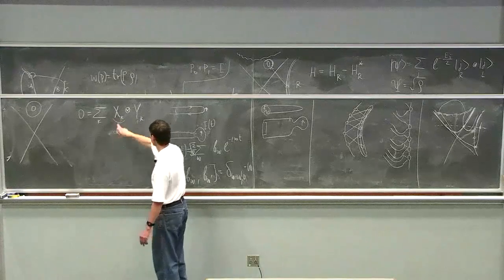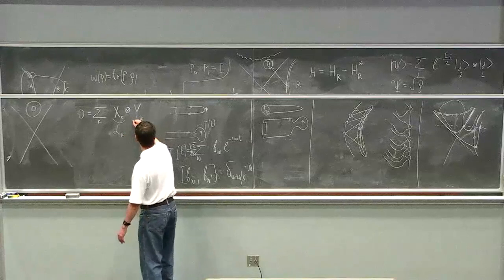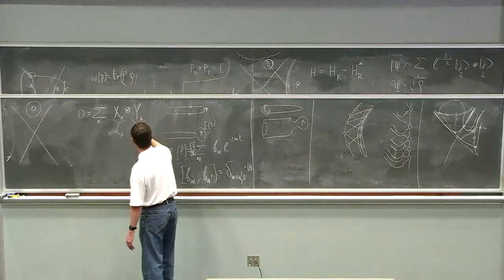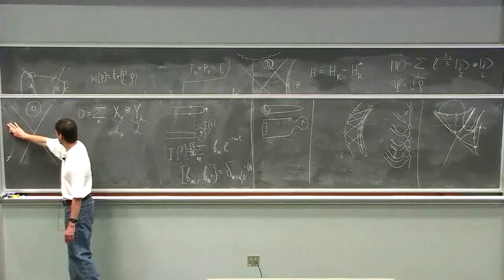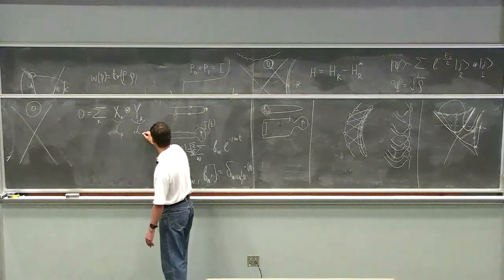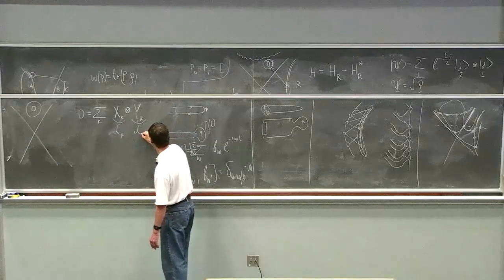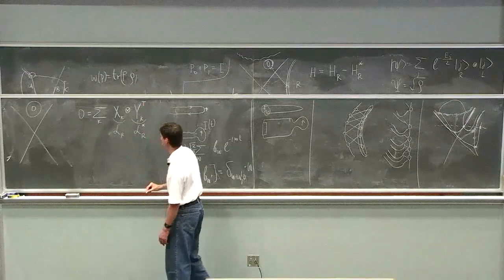This X acts on the right exterior. Y acts on the left exterior, which is equal to L_R star. And let me write it Y_k transpose.